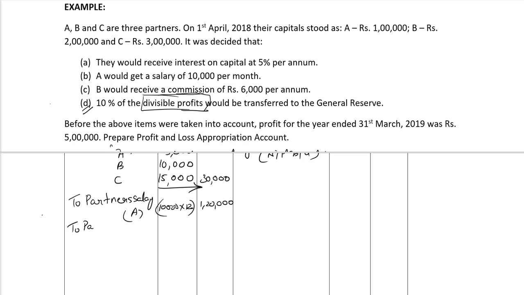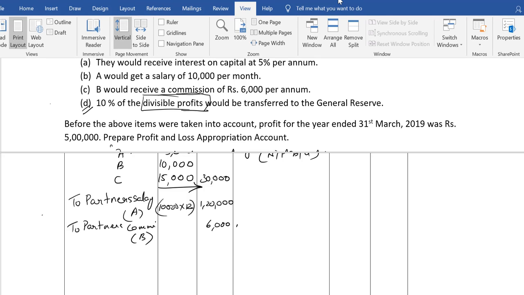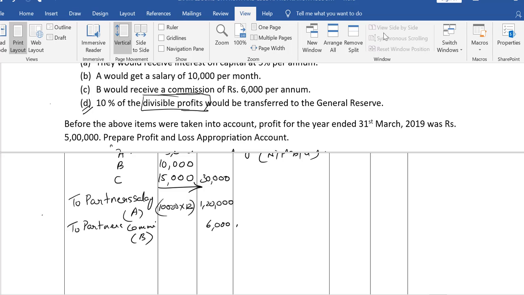To partners commission, to B 6,000. Now we'll compute the divisible profit and balance the account. As in the previous problems, the profit sharing ratio is equal. Each will get 1/3 of the profits. So I'll remove the split and we can calculate the divisible profit.